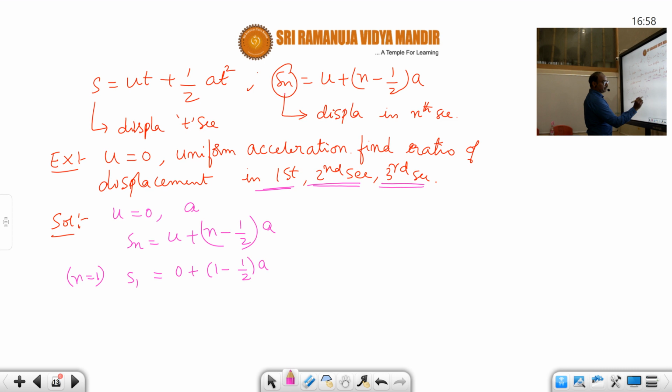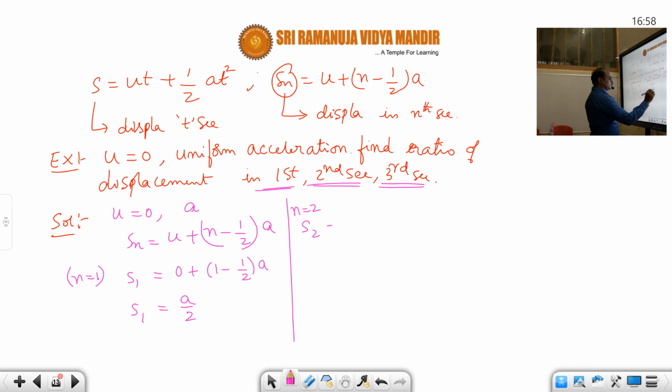Then we calculate for n equal to 2. S2 equals starting velocity 0 plus (2 minus 1 by 2) into acceleration a, the same equation we are applying. Take LCM for this term: 4 minus 1, that is 3 divided by 2 into a.